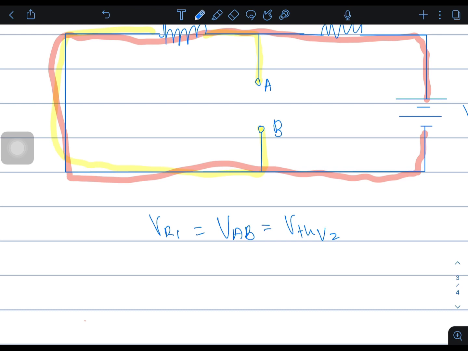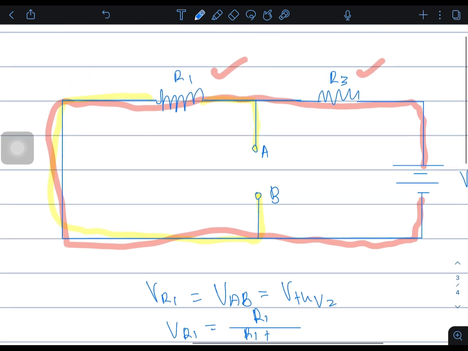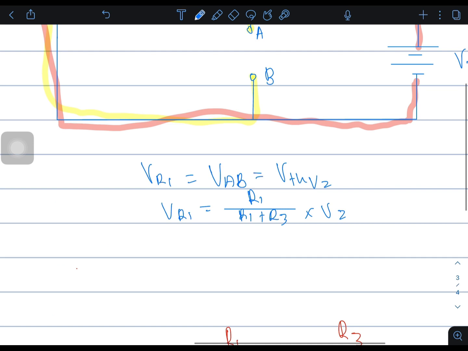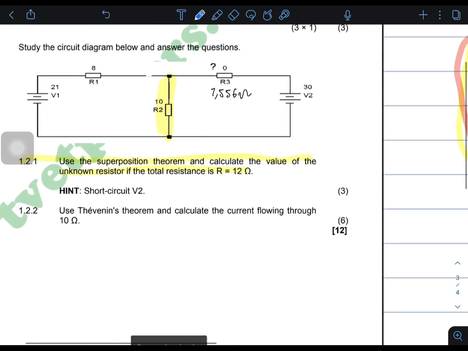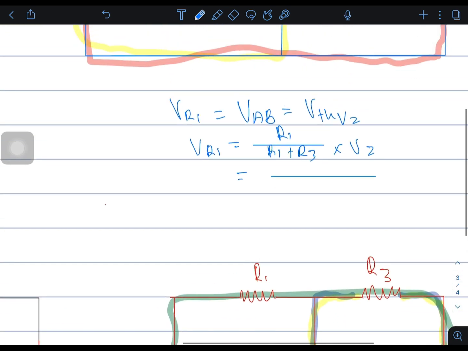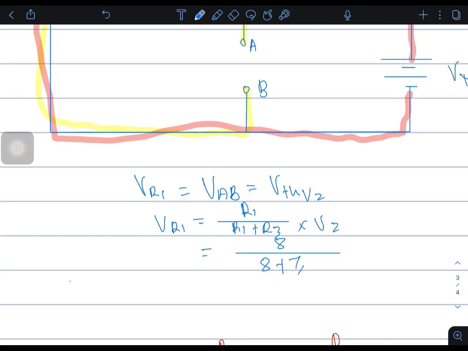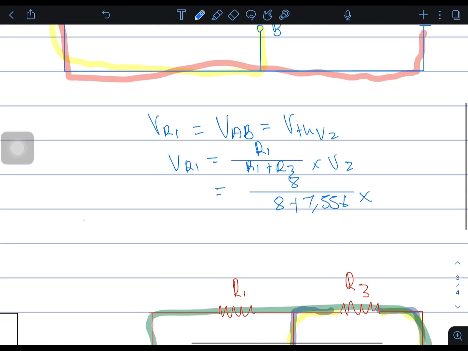So I'm going to say VR1 is equal to R1 over R1 plus R3 times V2, which is R1 is 8 over 8 plus R3 is 7,556 times 30.